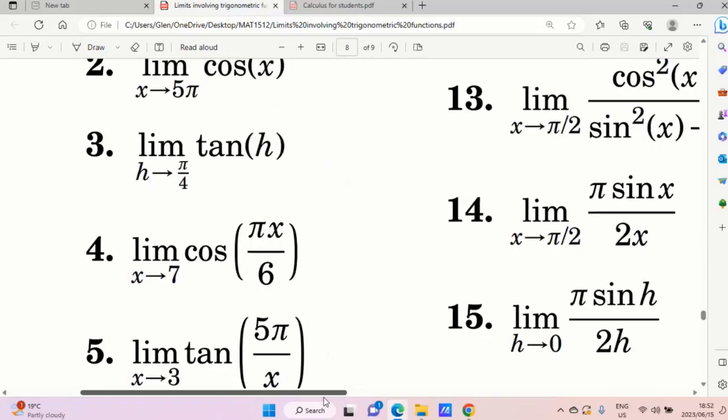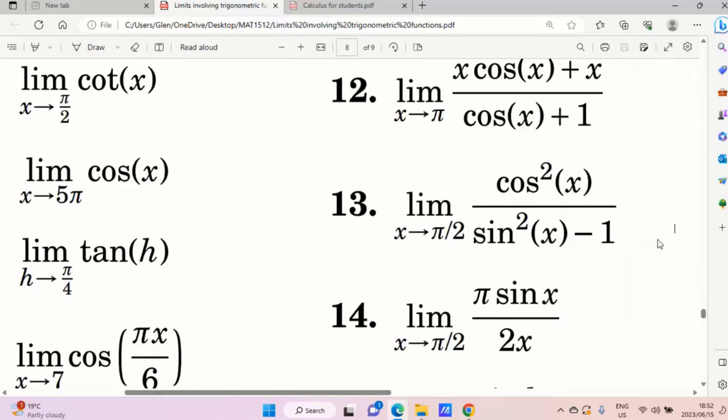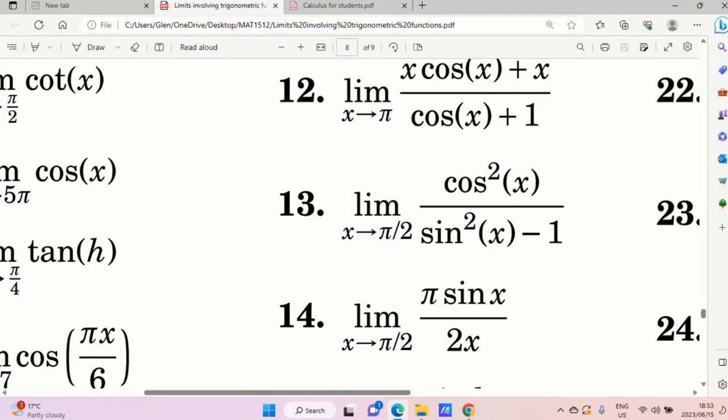Number 13. Do you see 13? Yeah, number 13. Okay, Tando, what did you get? I got -1.